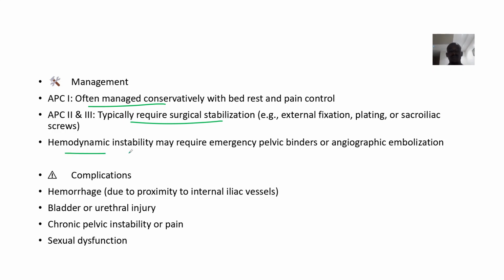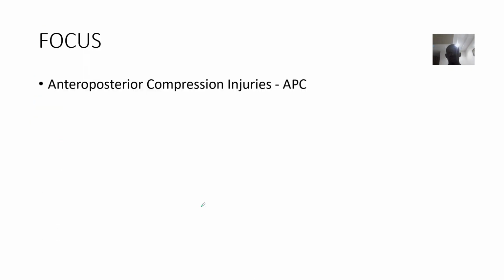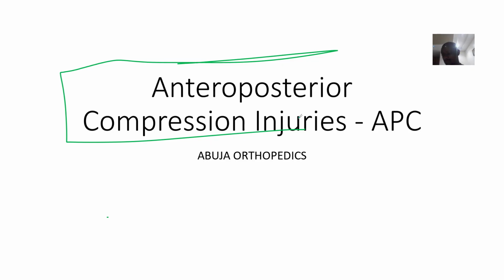Then hemodynamic instability may require emergency pelvic binders, then angiographic embolization. Complications could lead to a lot of bleeding, right? Bladder or urethral injury, chronic pelvic instability, sexual dysfunction. So that's it for this part.